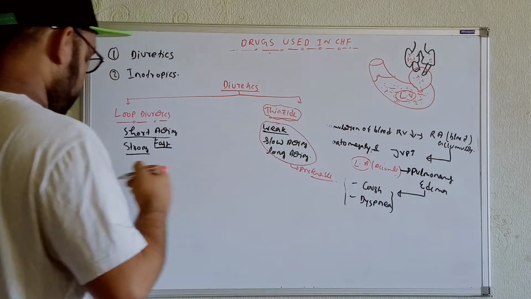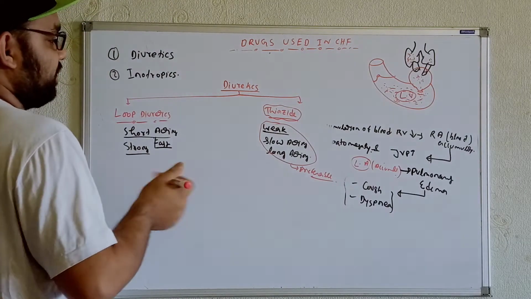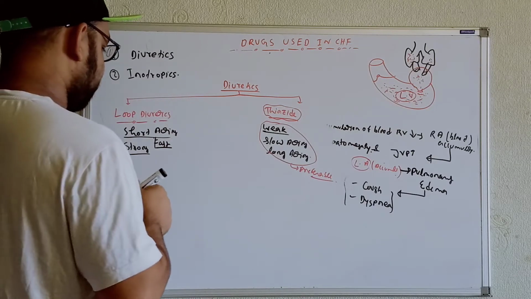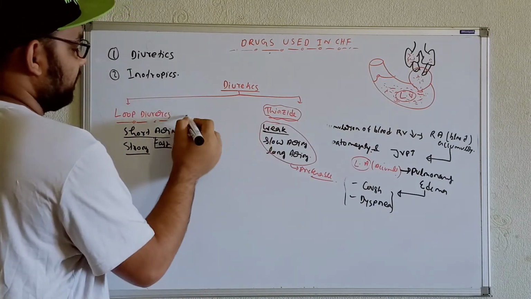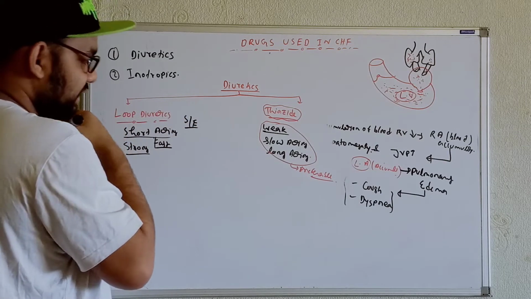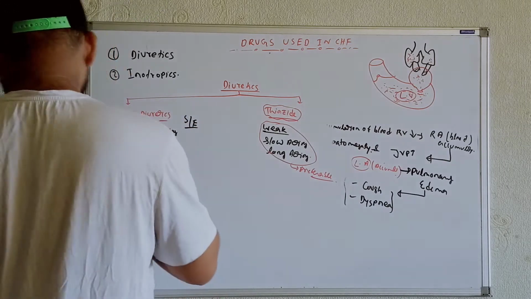Okay. Now there are some common side effects between the loop diuretics and the thiazides. So let me write it over here. The common side effects: they will decrease the amount of the various types of electrolytes. Let me show over here.